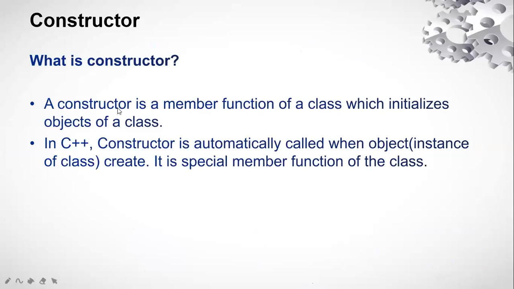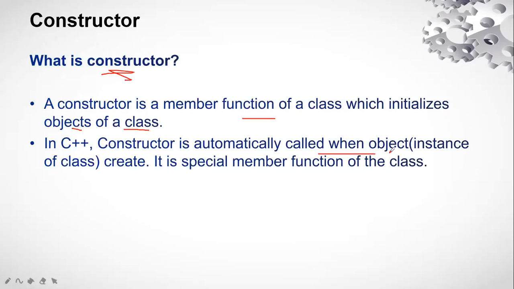So first of all, what is a constructor? Basically, a constructor is a special function of a class which is going to initialize the attributes of the objects of a class, right? In C++, a constructor is automatically called when the object is created.